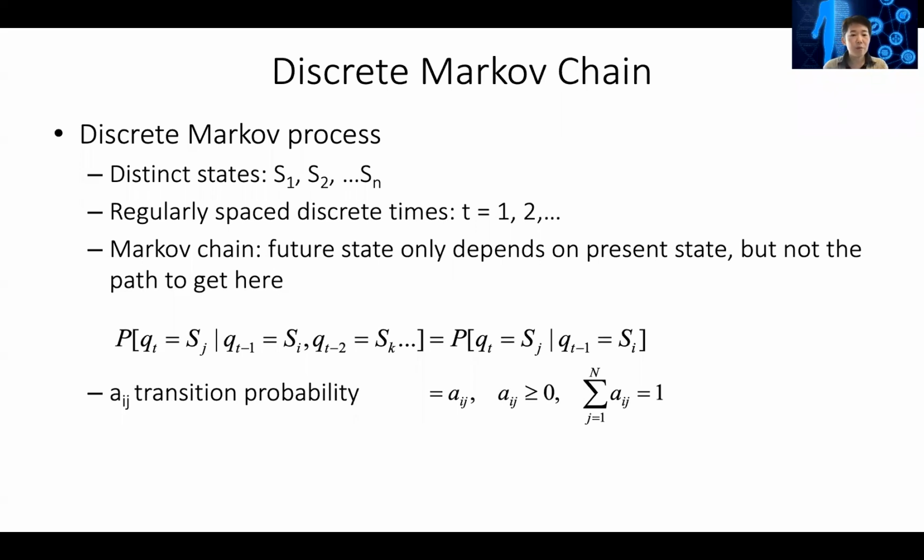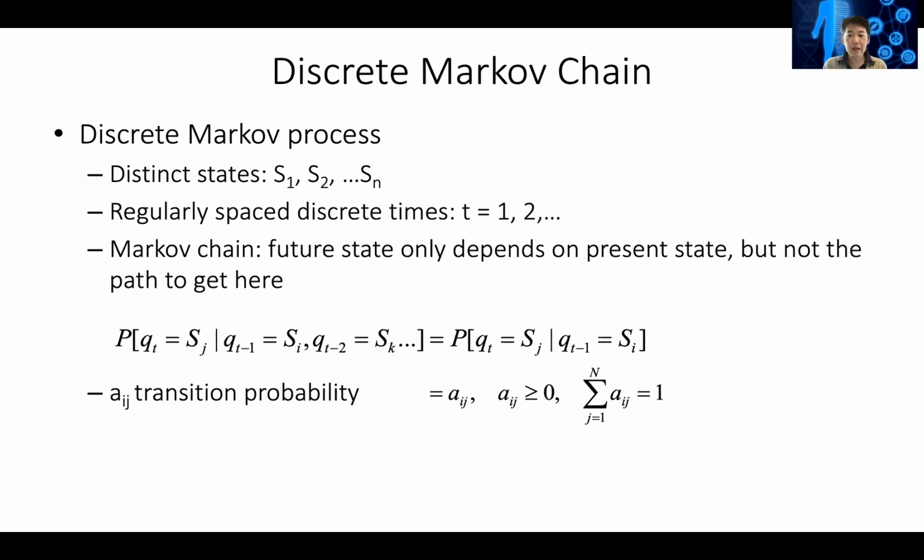But also we have regularly spaced discrete times, such as day 1, day 2, or the first row and the second row. And so in a Markov chain, instead of IID, where one event has no effect on the future events, in Markov chain, future states can be dependent on the current state.